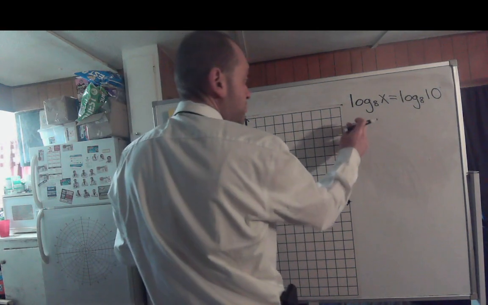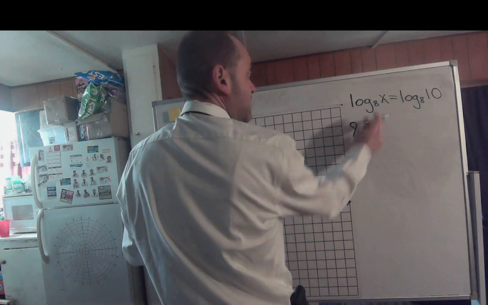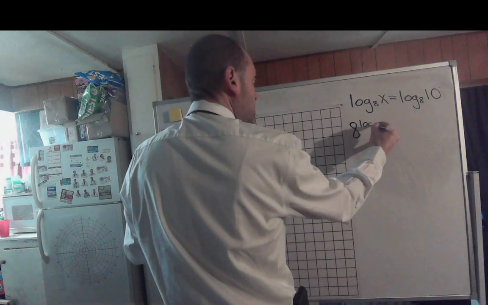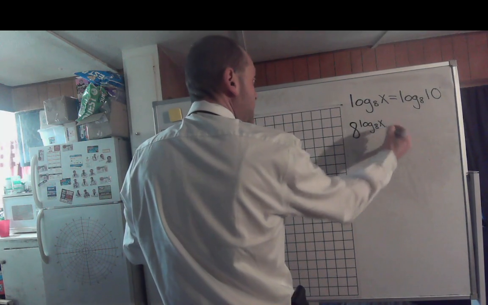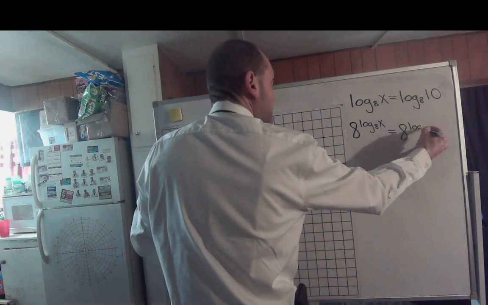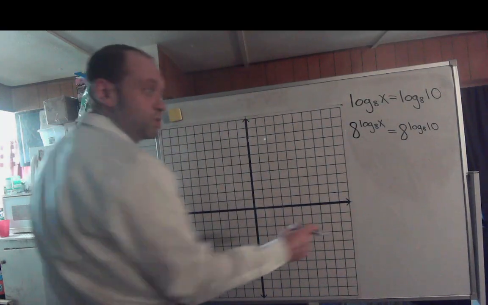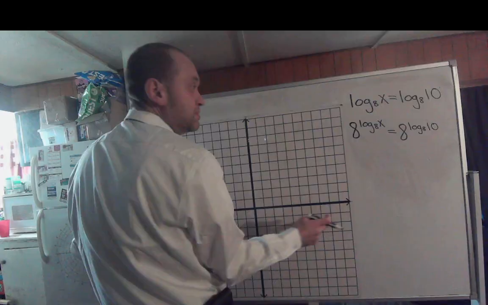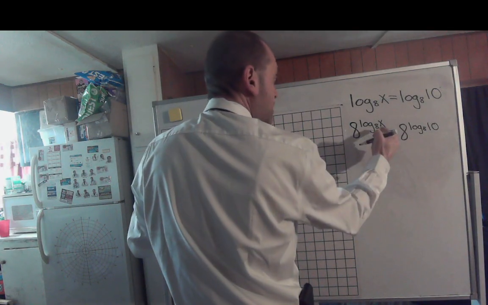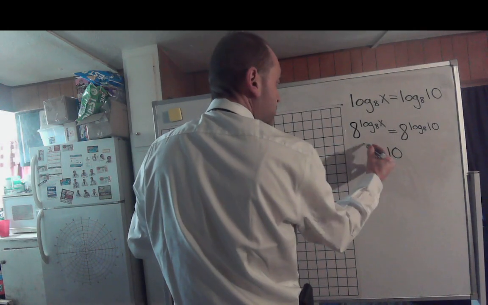So you take 8 to the power of log base 8 of x, and set that equal to 8 to the power of log base 8 of 10, which cancels out your logarithms and leaves you with what you were taking the log of. That would just leave you with x equals 10.